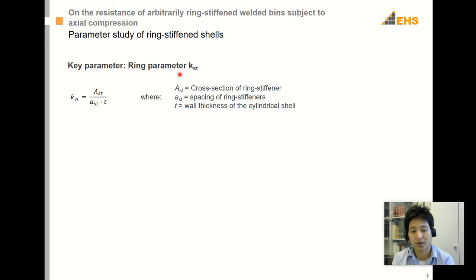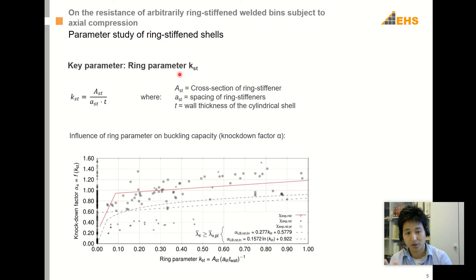So theoretically, a larger ring parameter means more stiffening. According to previous numerical and experimental studies, a shell with a larger ring parameter has more buckling capacity.